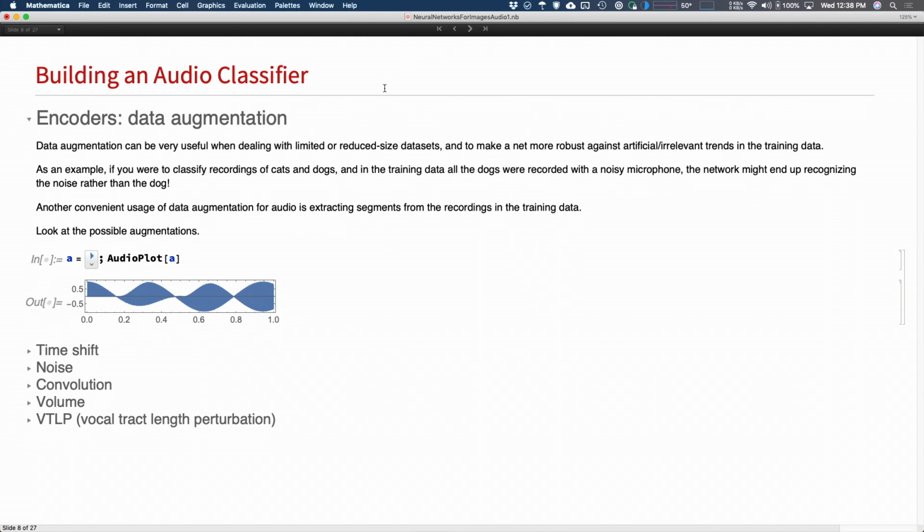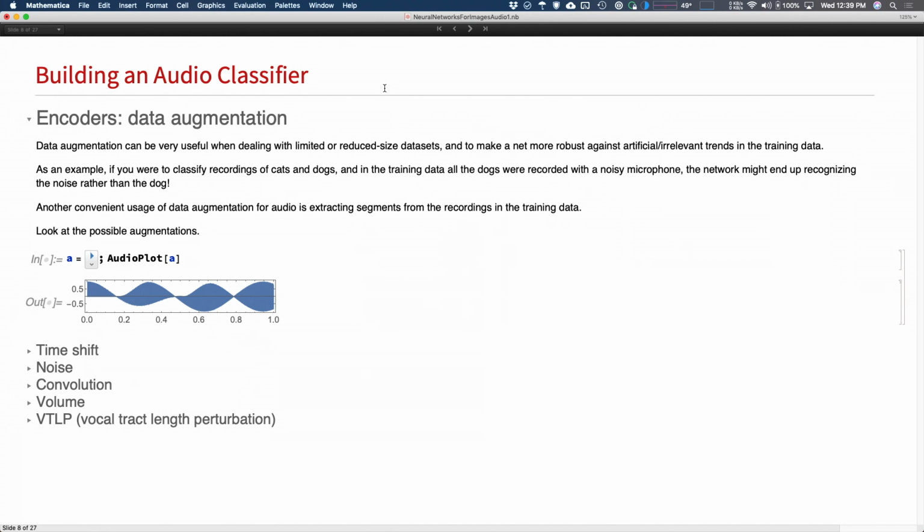By the way, incidentally, the net encoders that we provide with the language have a lot more functionality. One very important one is data augmentation. If you have a small data set, like if you are analyzing images, during training you will randomly crop and rotate those images to artificially augment the data points that you have to train. The data augmentation in the audio net encoders allows you to do exactly the same thing.